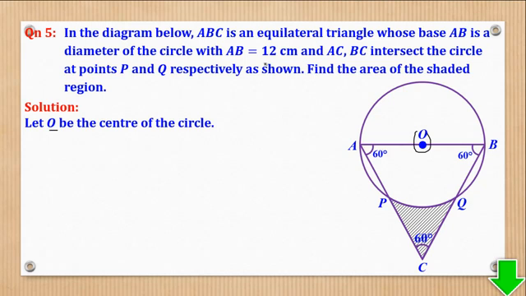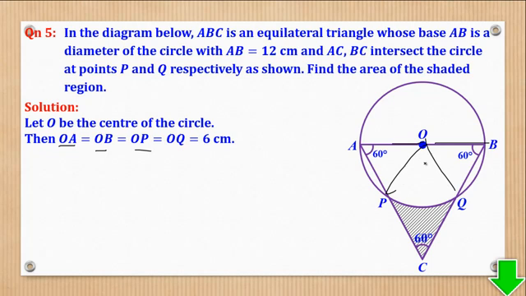Because AB is the diameter, 12 will be divided into 2, so 6 is here and 6 is there. Because OA, OB, OP, and OQ are all radii, everything will be 6, 6.